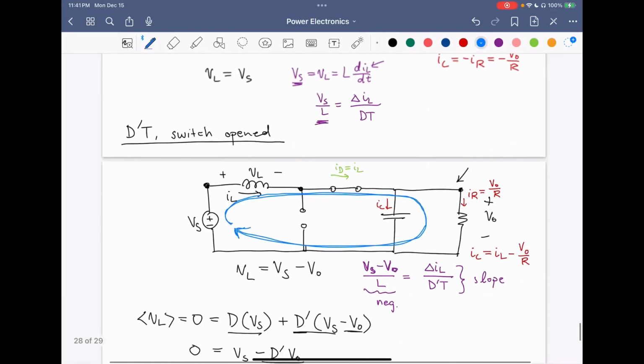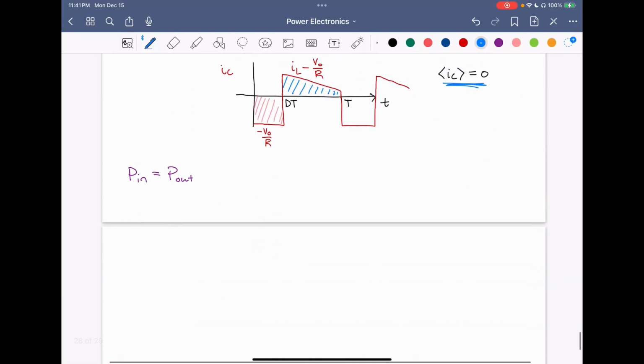So therefore, we have VsIL is equal to the output power, and the output power we know is equal to V naught squared over the load resistor R. And it can also be expressed as the output voltage times the output load current IO. Now, we can substitute our voltage conversion ratio in for V naught.